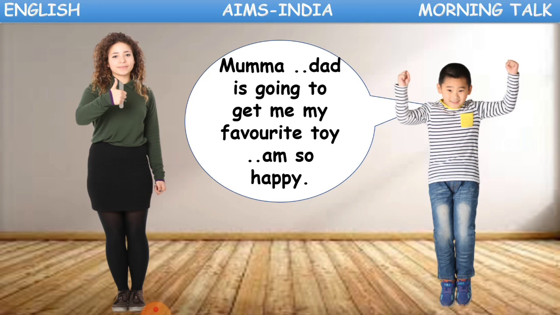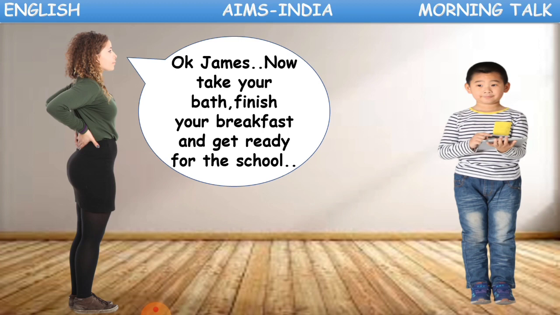Okay, so now how is James here? He looks very happy. "Mama, Dad is going to get me my favorite toy. I'm so happy." Now he is just sharing his happiness with his mother, as you also share happiness with your mother. Now mother says, "Okay, James, now take your bath, finish your breakfast and get ready for the school."